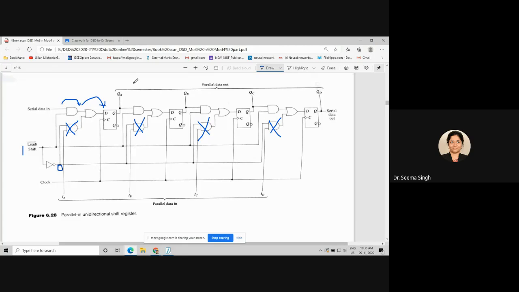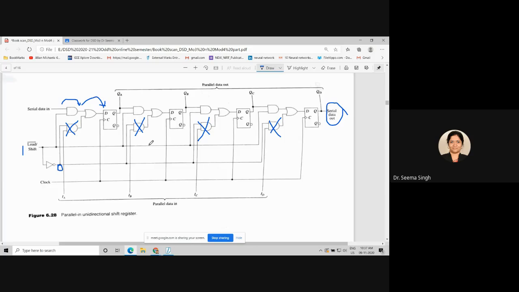Data in, data out serially if you are taking it after 7 clock cycles, parallelly if you are taking it after 4 clock cycles. So your serial in, serial out, and serial in, parallel out behave the same way as they behaved in your previous circuit. So this becomes your SISO, SIPO, and PIPO.